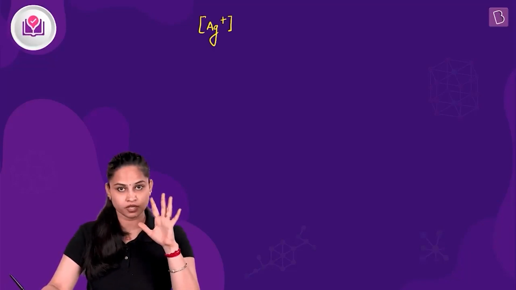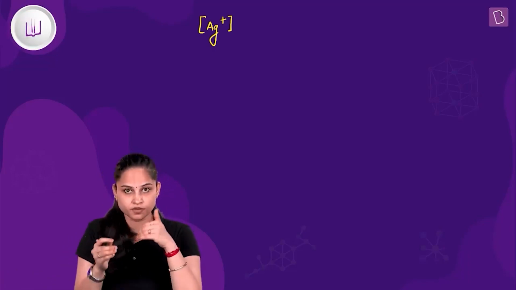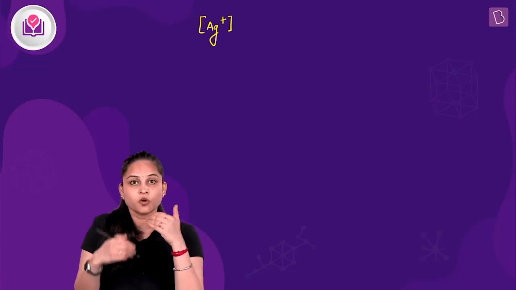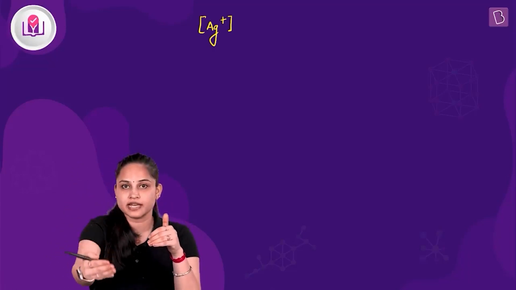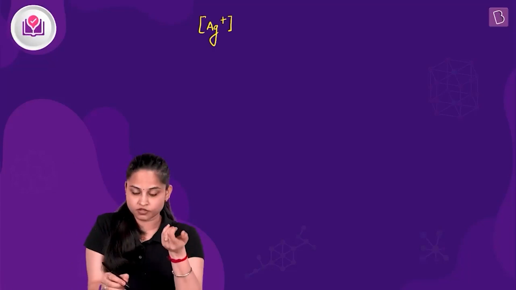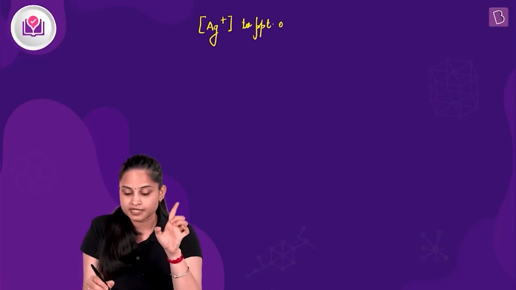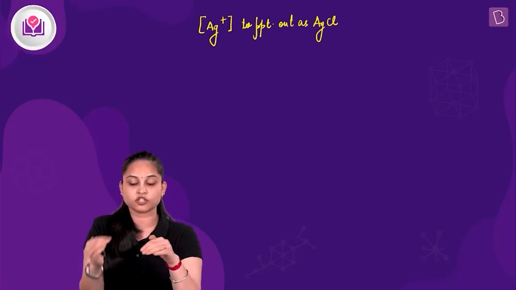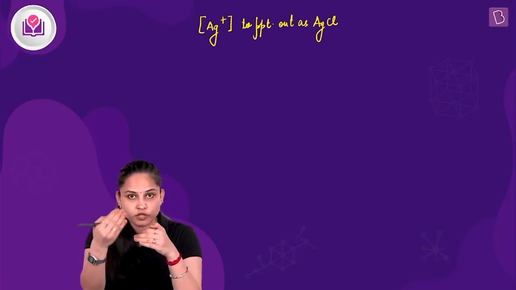Is it clear? Okay. So the concentration of Ag⁺ required to precipitate out as AgCl. What will be the concentration of Ag⁺ so that the precipitate of AgCl just starts to form?